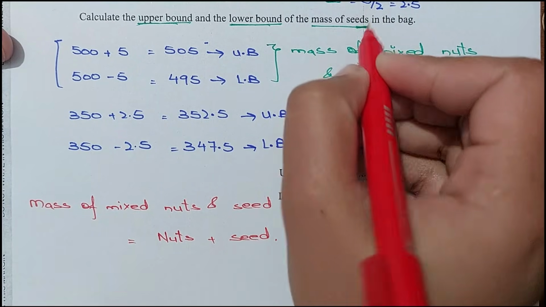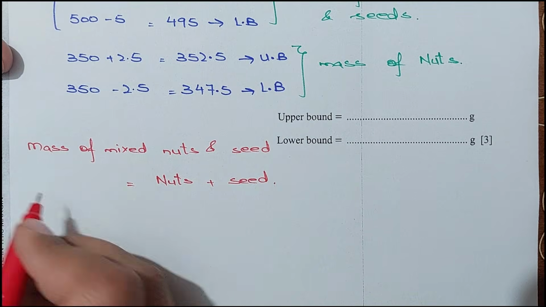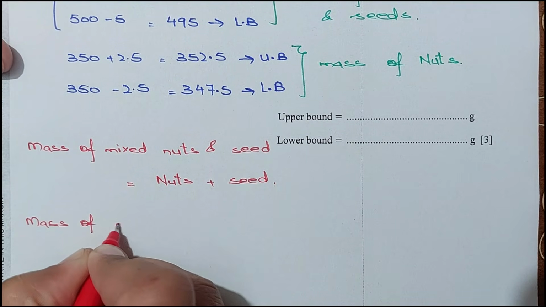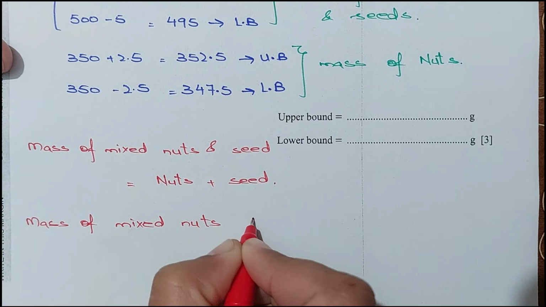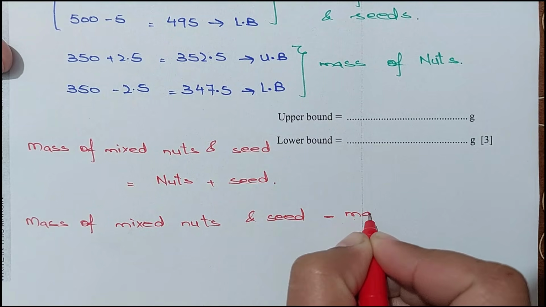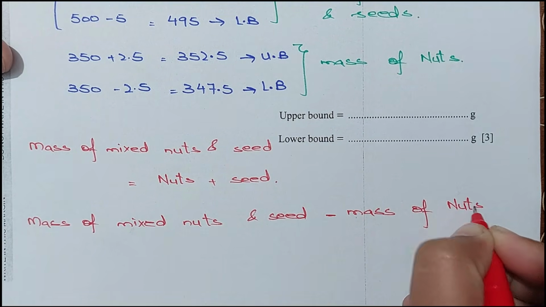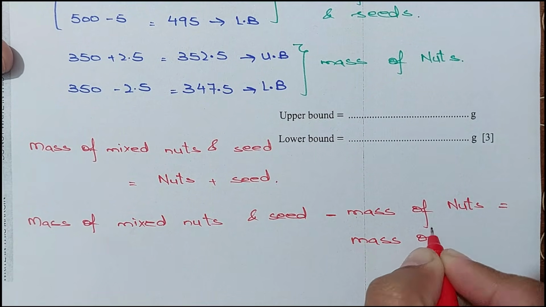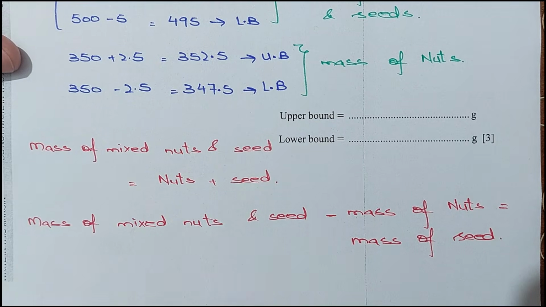We have to solve for the seeds only, so we have to subtract the nuts. So the mass of mixed nuts and seeds, subtract the mass of nuts, equals the mass of seeds. That is the equation that we are going to use.